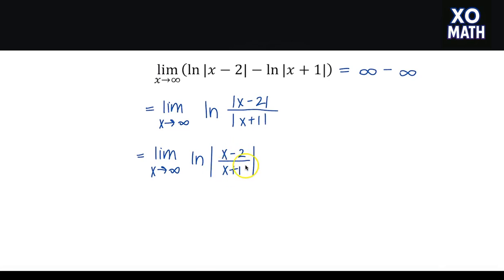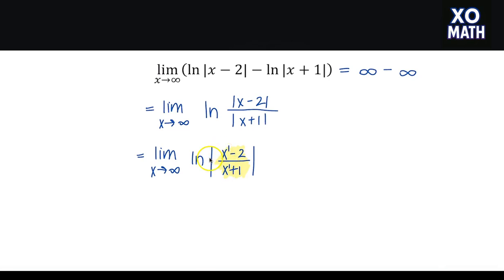So now I can see a quotient in there, right? And so I can think about the limit as x approaches infinity of that quotient x minus 2 over x plus 1. These are both polynomials, top and bottom. They're the same degree, x to the first, x to the first.